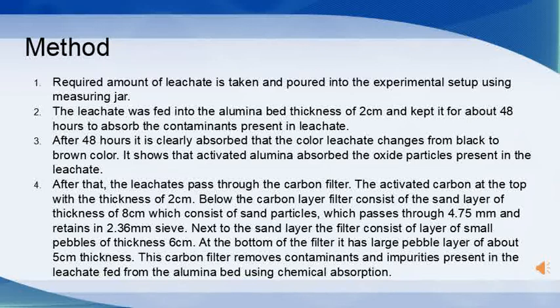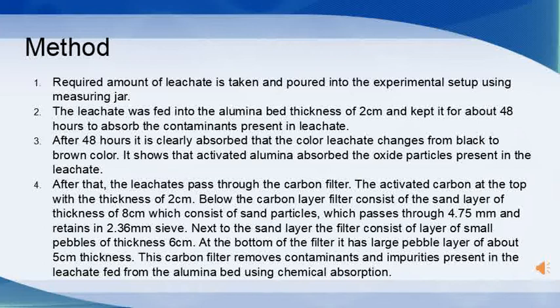After that, the leachate passes through the carbon filter, with the activated carbon at the top with a thickness of 2 cm. Below the carbon layer, the filter consists of a sand layer of thickness 8 cm, consisting of sand particles which pass through a 4.75 mm and are retained on a 2.36 mm sieve.